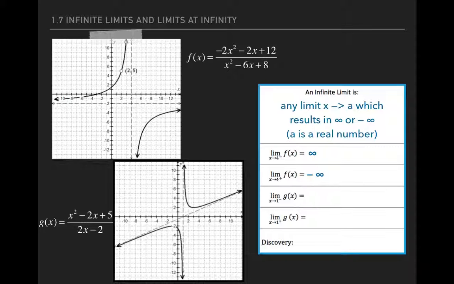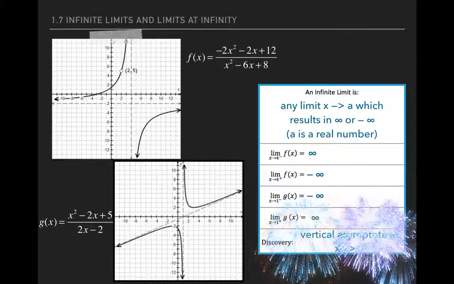In your g function, this occurs at 1. As you approach 1 from the left, it's going down to negative infinity. And as you approach 1 from the right, it is approaching infinity.